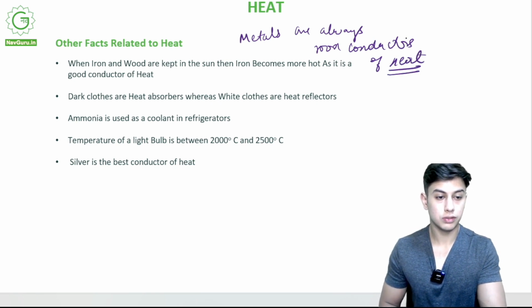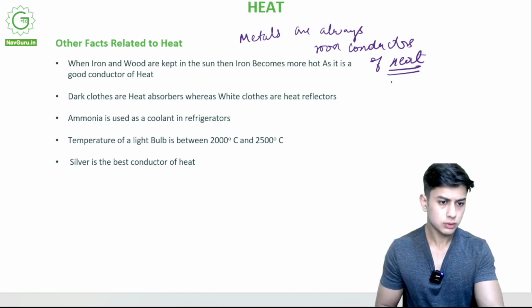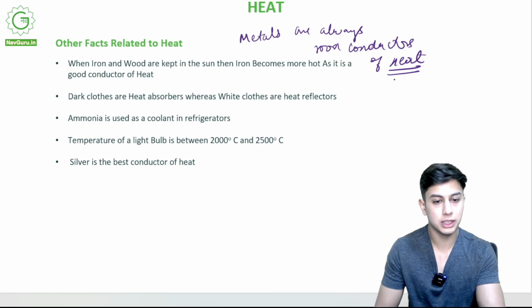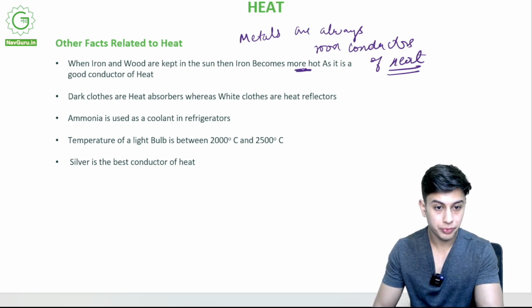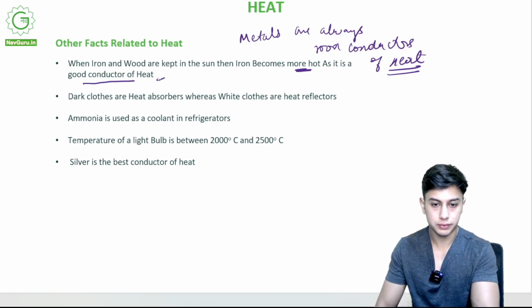So if there is a question where a metal is placed and something non-metal or carbon based is placed, metal will be more hot. Iron becomes more hot as it is a good conductor of heat.